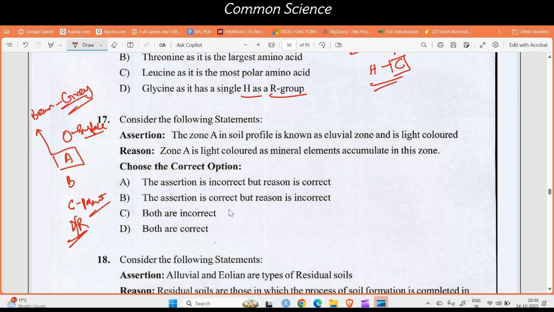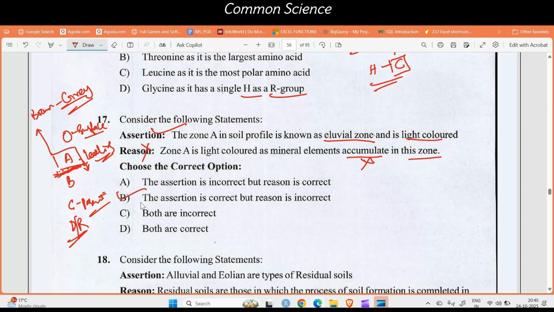This grayness is due to the leaching of nutrients from zone A, which forms a transition zone between A and B. This transition zone is considered part of A, and that's why zone A is also known as the eluvial zone, and this leaching makes it light colored. Zone A is light colored as mineral elements accumulate in this zone? No, they get leached out. So the assertion is correct, but the reason is incorrect.